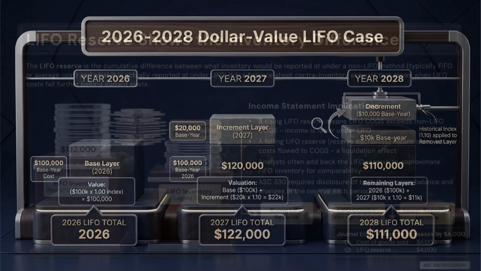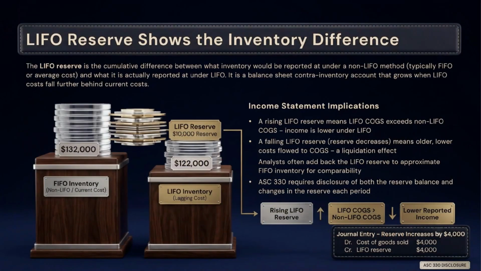The LIFO reserve shows the inventory difference between a non-LIFO basis and the reported LIFO basis. The formula is LIFO reserve equals non-LIFO inventory minus LIFO inventory. In the slide example, $132,000 minus $122,000 equals a $10,000 reserve.